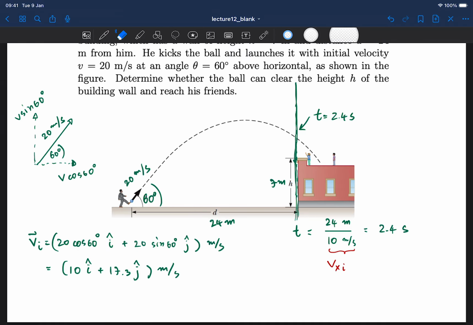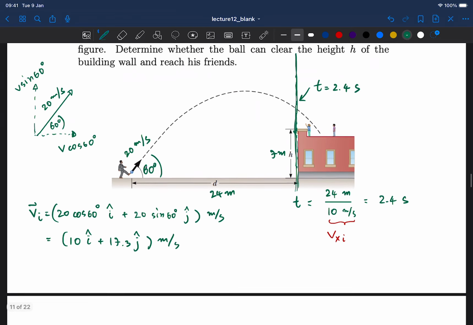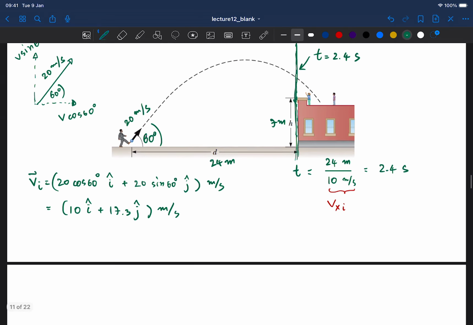What I want to check is where the ball is vertically at this same moment in time, and then I can compare with the 7 meters, which is the height of the building. So where is the ball vertically at t equal to 2.4 seconds?